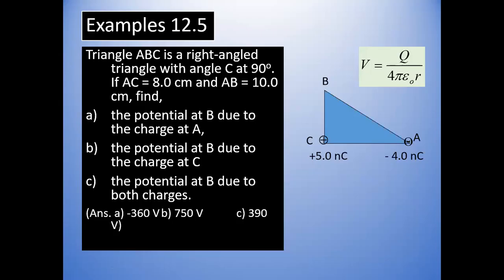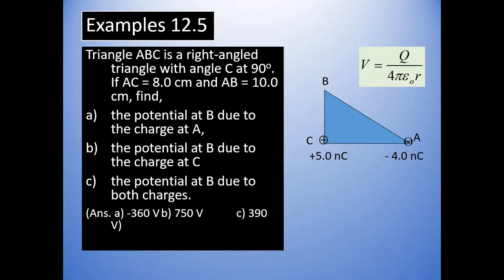Okay, let's try some examples. We can try this one out. Basically, just using this formula to give you experience how to calculate it. Triangle ABC is a right angle triangle with angle C at 90 degrees. AC is 8, AB is 10.